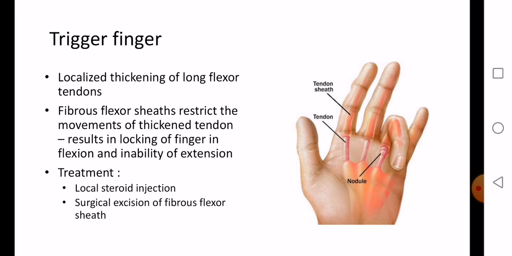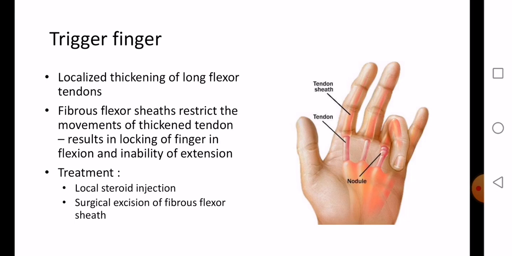So what happens if there is a localized thickening of the long flexor tendon? There will be difficulty for it to move, right? Because this flexor sheath is an enclosed space and the flexor tendons are passing through it. Normally nothing is wrong, but if there is a localized thickening, what happens? The space is limited, it cannot move.